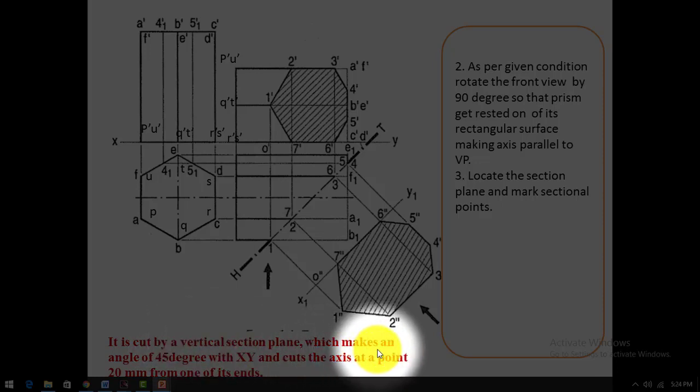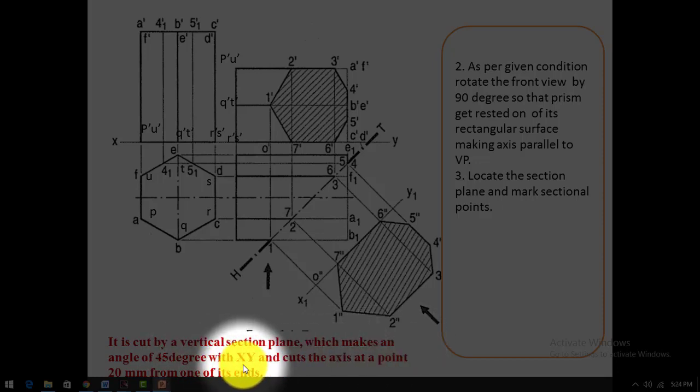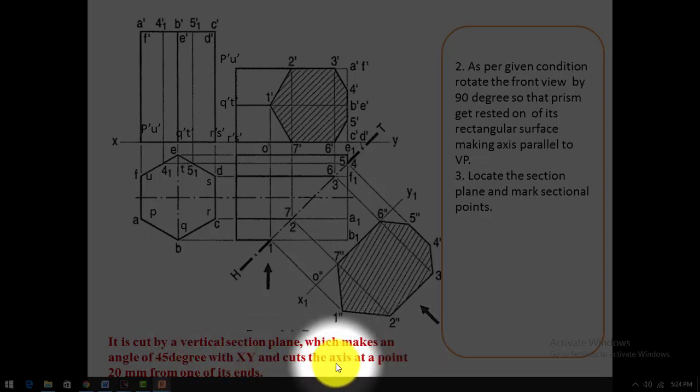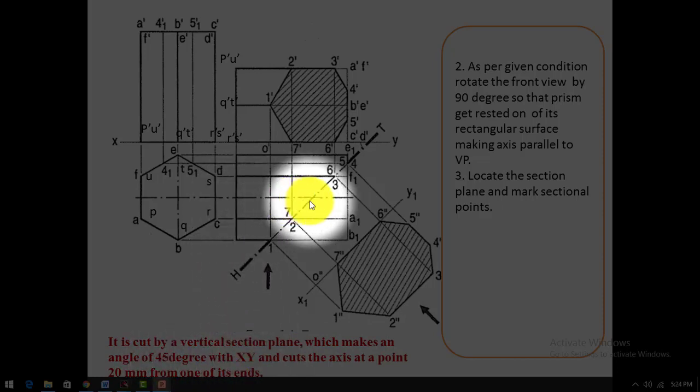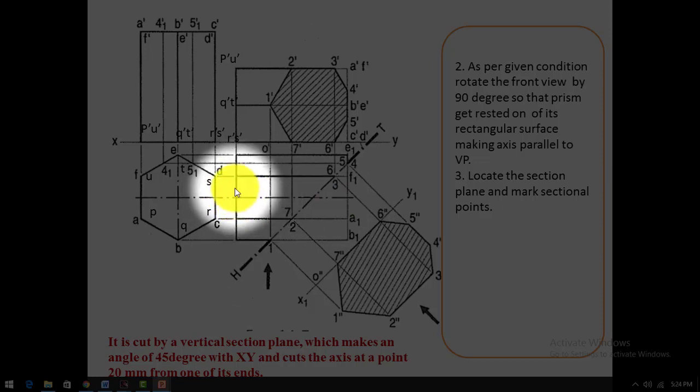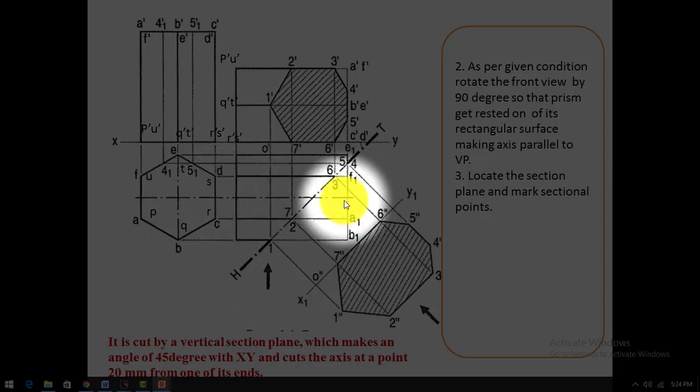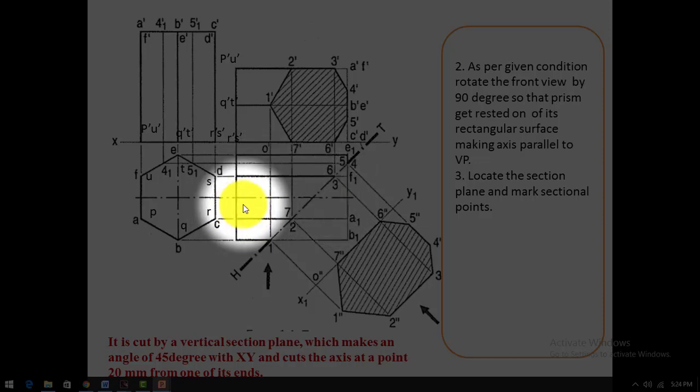Here the given condition is what? It makes an angle of 45 degrees with XY and cuts the axis at a point 20 mm from one of its ends. See, this is the axis. These are the two ends of the axis. This is the first end and this is the second end. The section plane passes through a point on the axis which is 20 mm from one of the ends.